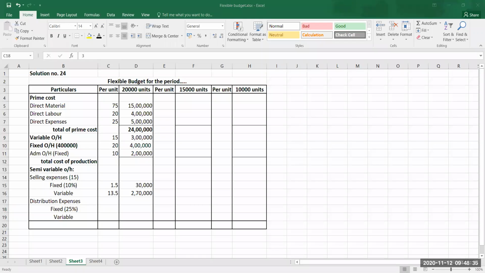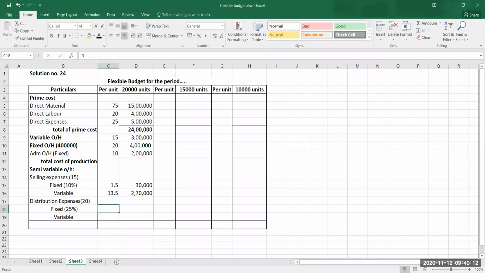The cost for distribution expenses is rupees 20. So I will write over here so that you know that the cost is 20 rupees per unit. So if you calculate 25% of 20 rupees, you will get as rupees 5.